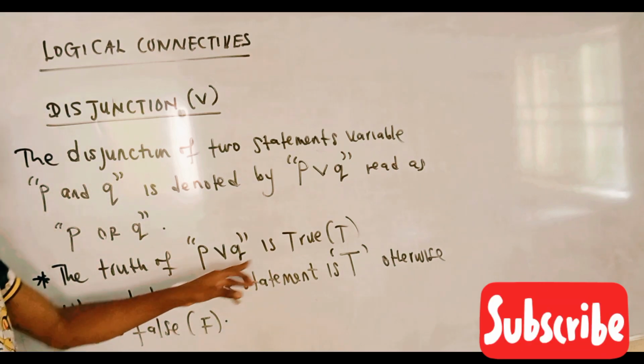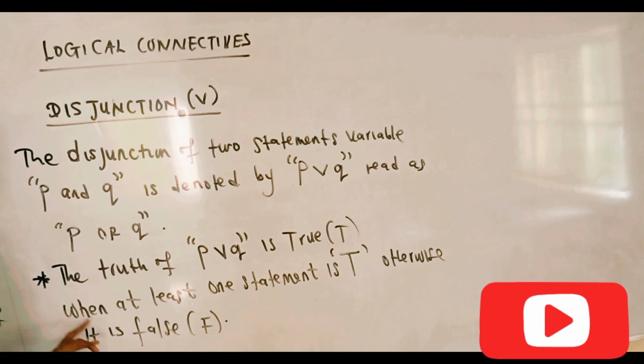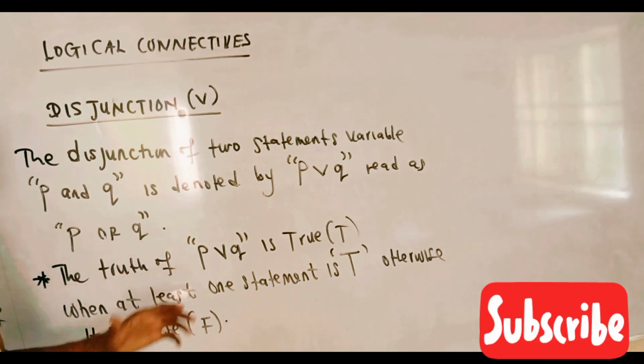The truth value of P or Q is T, that is true, when at least one statement is true.